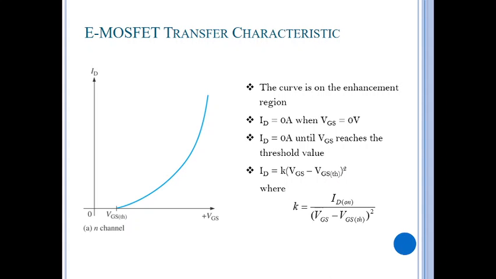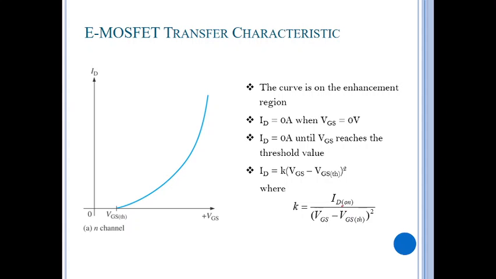K is a constant related to the device's physical parameters. K is usually given by the manufacturer, or if you have the transfer characteristic, K can be calculated by using values in the graph.